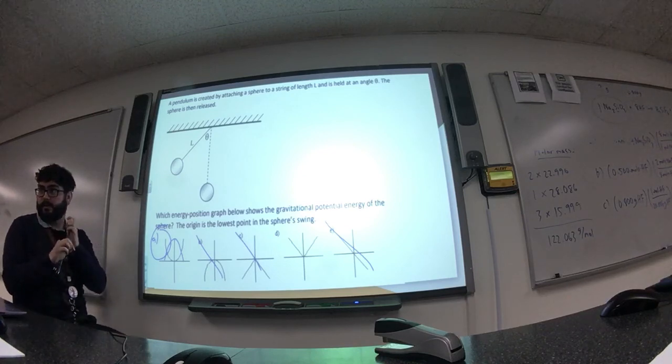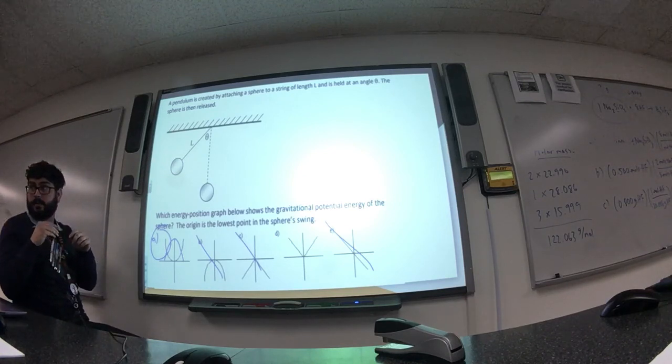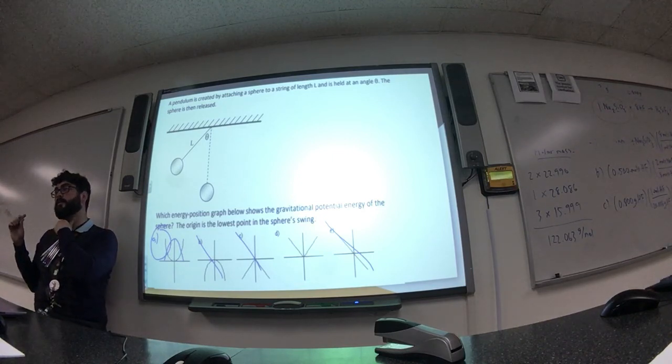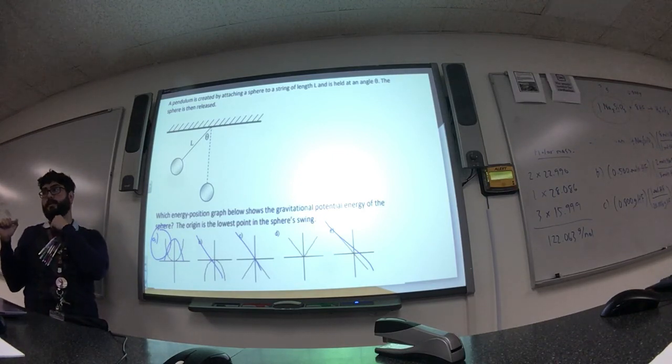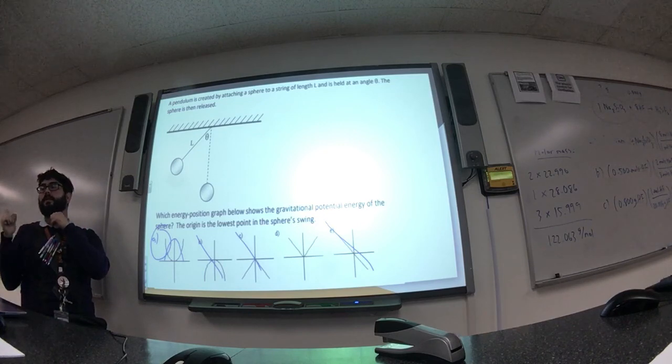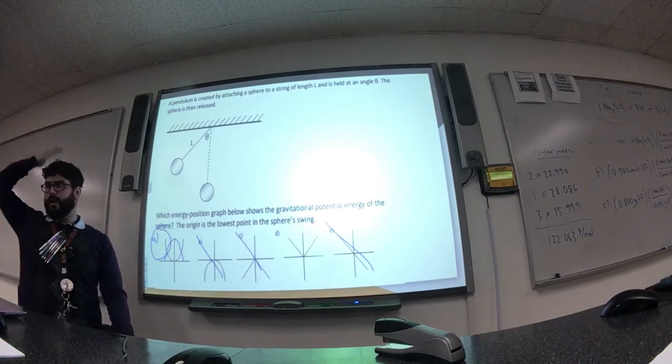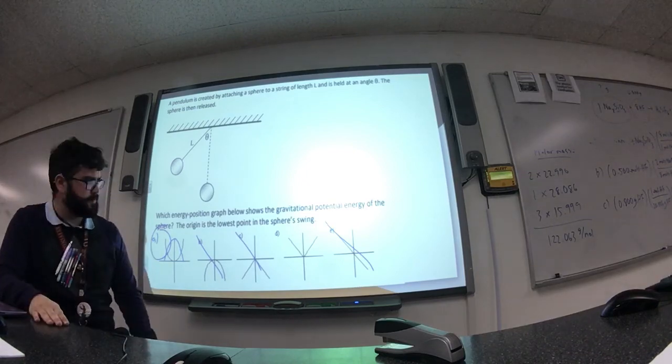But when you say force is the negative integral of energy? Yes, so the integral of a line is a quadratic. Can you explain that? We'll talk after, because this was something we saw way back in dynamics.